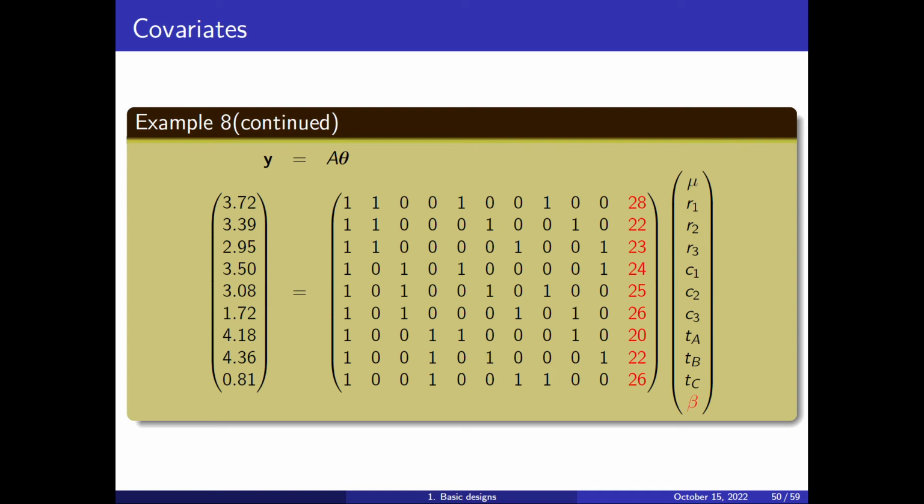So if you have covariates, a part of the system matrix you have to wait until the experiment is done, because it is unknown at the moment of design, but the other part, this one, is known before doing the experiment.